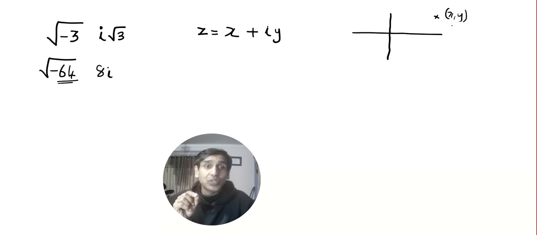If you do this, the system is called the Argand diagram, and the x-axis is called the real axis, and the y-axis is called the imaginary axis.